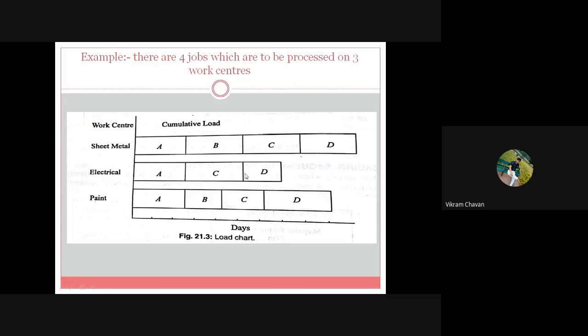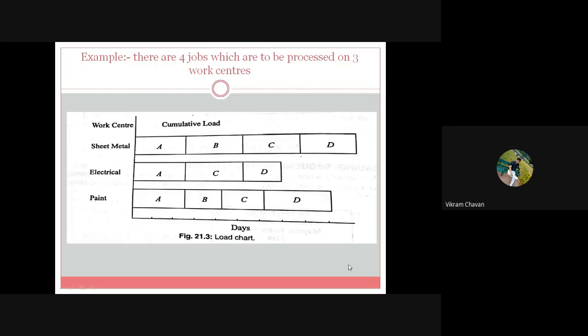By plotting this Gantt chart, we will understand which kind of route one particular job follows, or which workstations that job needs to be transferred to.